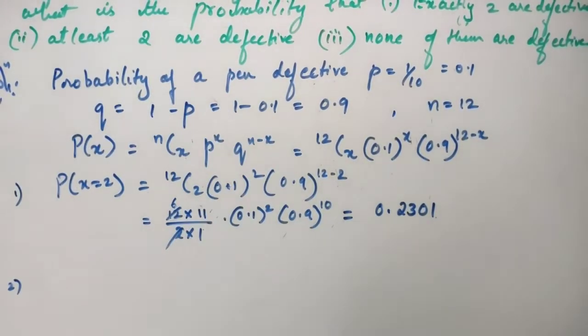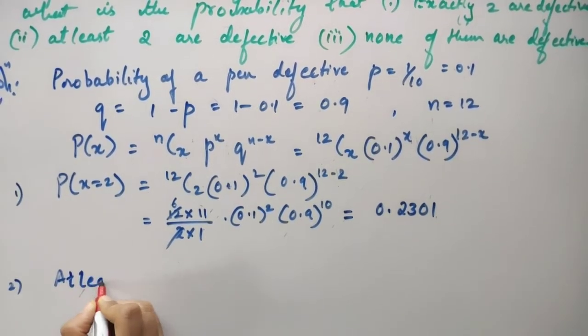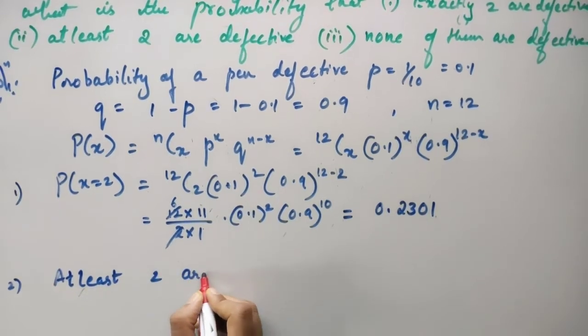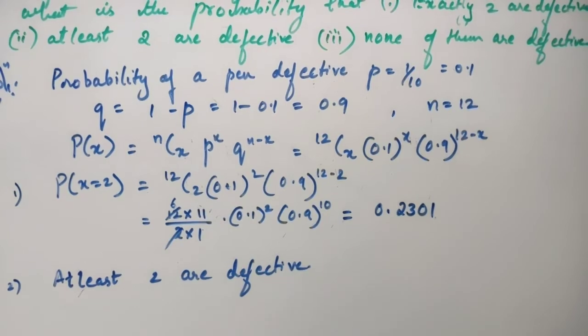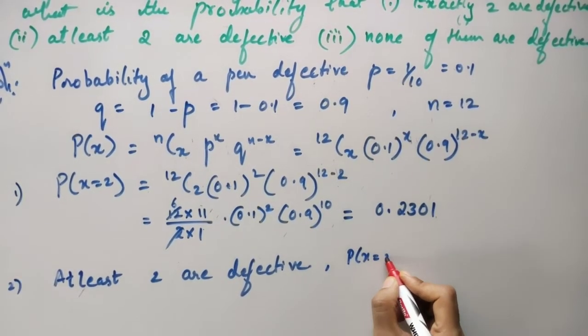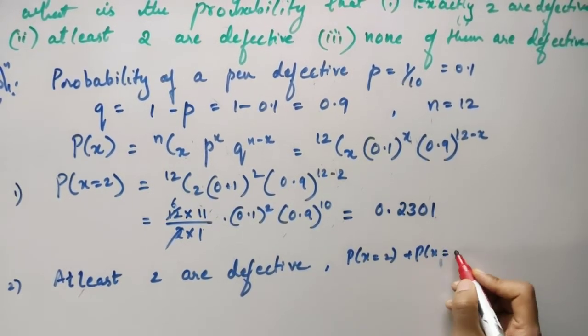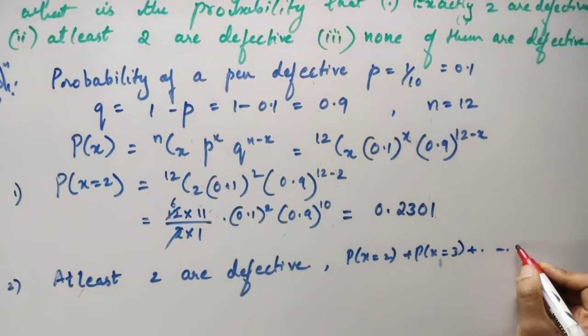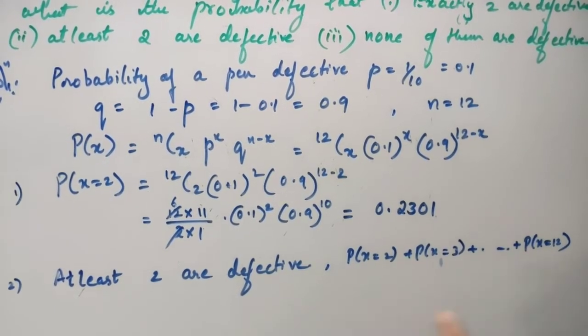At least 2 are defective means you are going to work for P of x equal to 2 plus P of x equal to 3, and it continues up to plus P of x equal to 12.